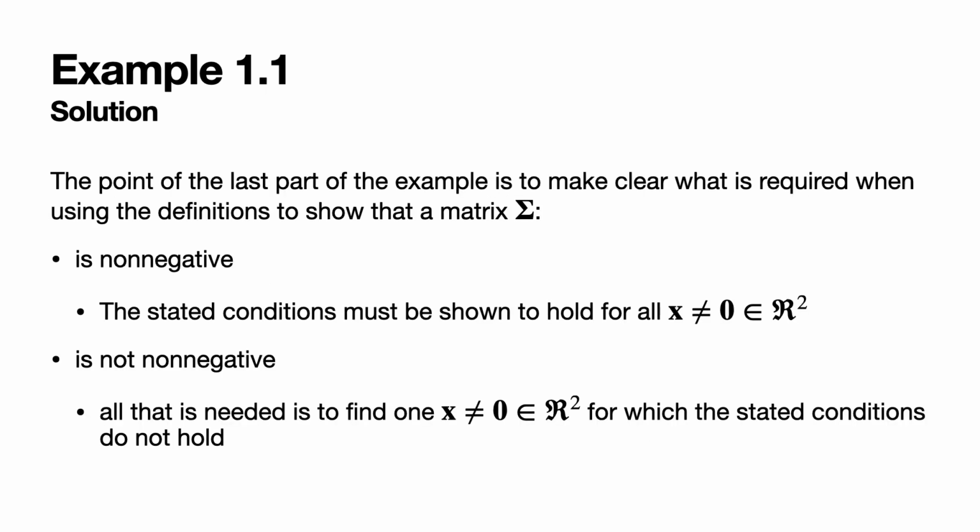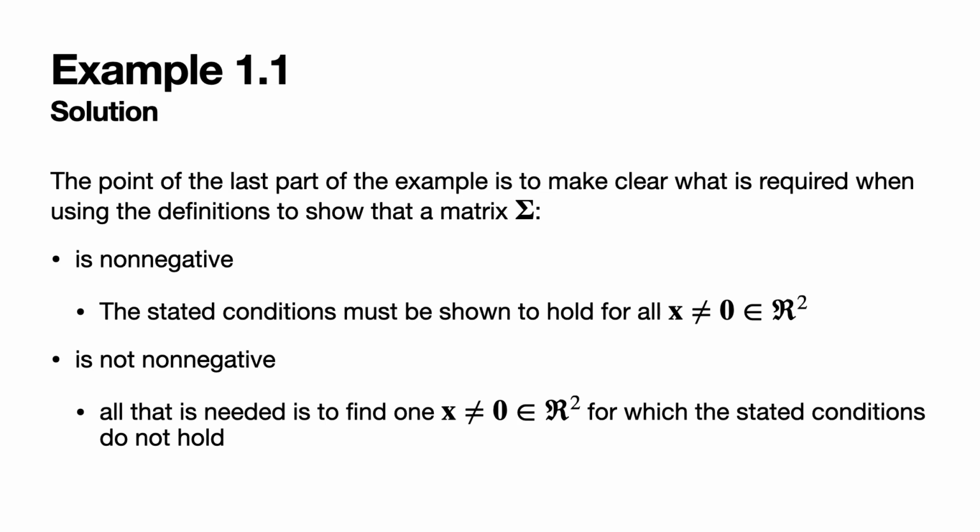The point of the last part of the example is to make clear what is required when using the definitions to show that a matrix cap sigma is non-negative, and what is required to show using the definitions that a matrix is not non-negative.